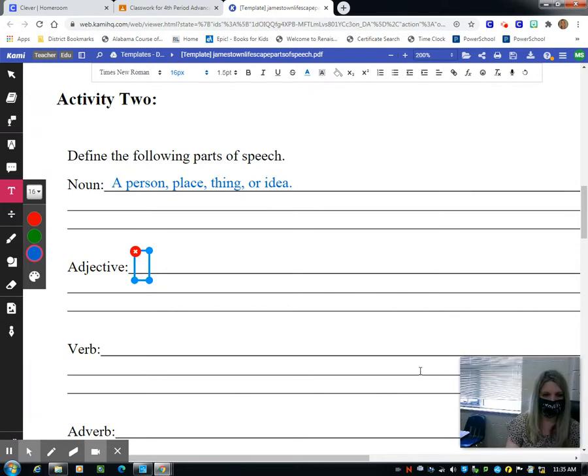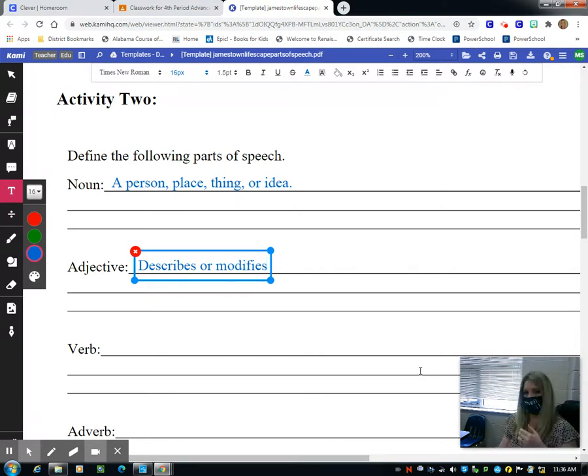So an adjective describes or modifies. And modifies just means it goes with it. A noun. I'm going to put it in capital letters for noun.